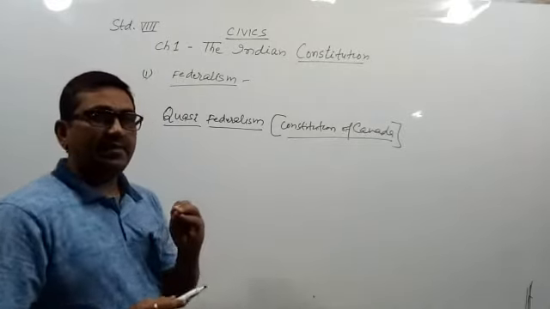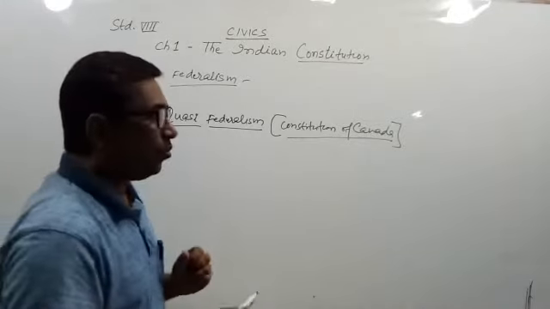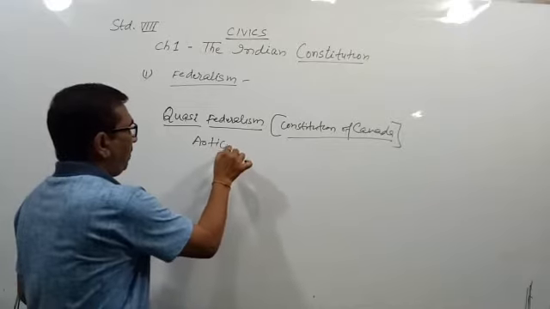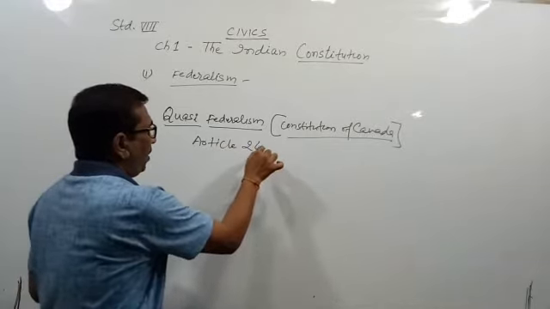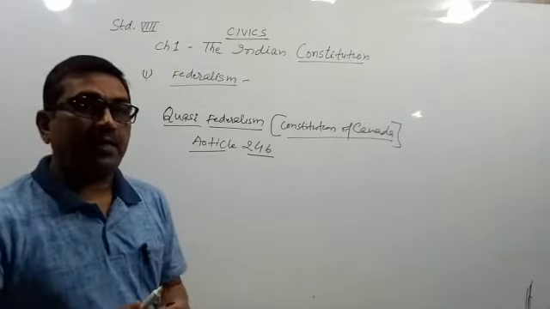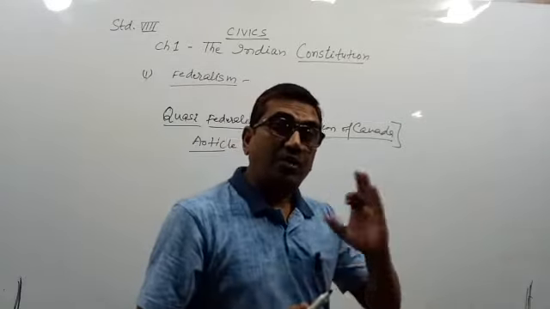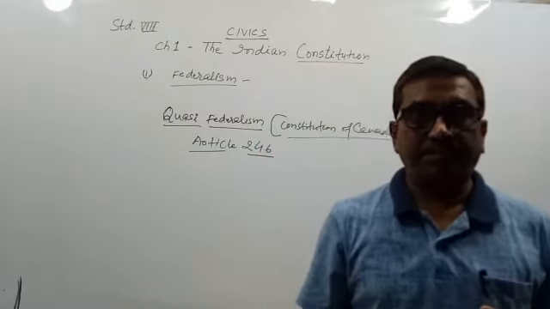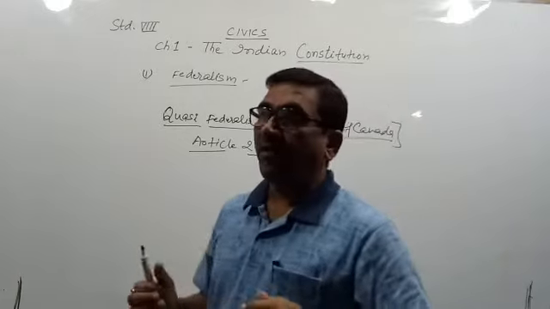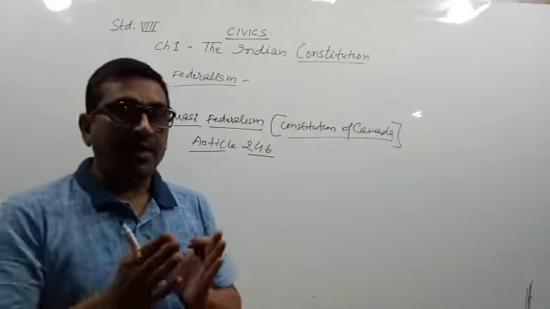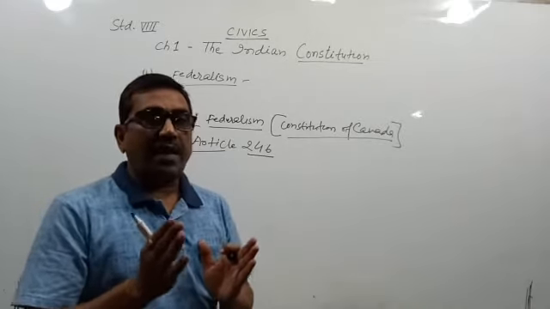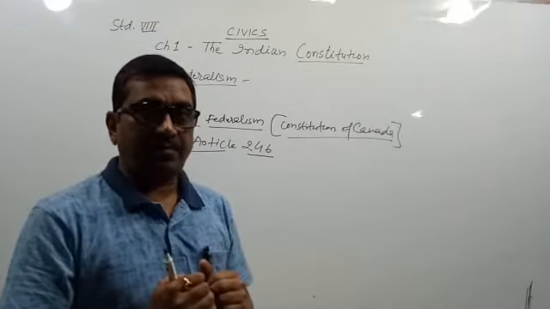It is mentioned in our Constitution. If you go through article 246, because the Indian Constitution has 395 articles, we find the power has been divided between the central government and the state government.